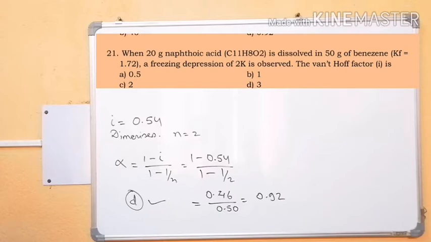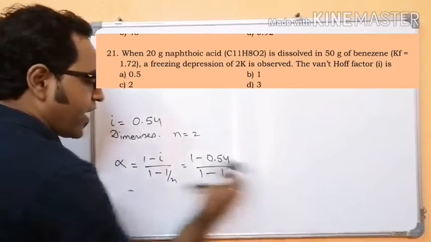When 20 gram naphthoic acid is dissolved in 50 gram benzene, Kf is 1.72, and a freezing point depression of 2 Kelvin is observed, then find the Van 't Hoff factor.